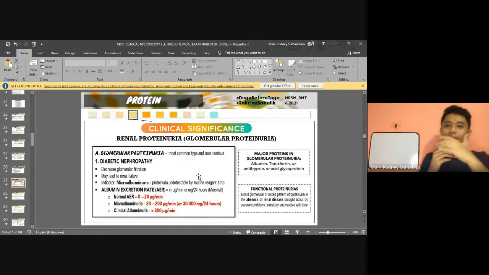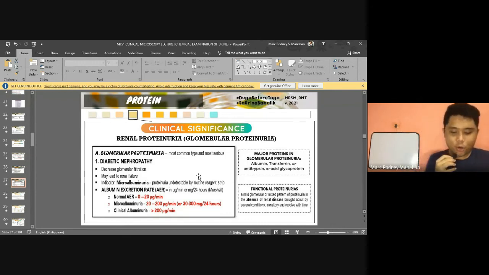Now, this AER uses a 24-hour urine. So imagine, a 24-hour urine, because it measures the amount of albumin released in a day, or 24 hours, or per minute, all right? So that was their way of monitoring the amount of albumin secreted, especially in patients with diabetes, before the development of tests for microalbumin.